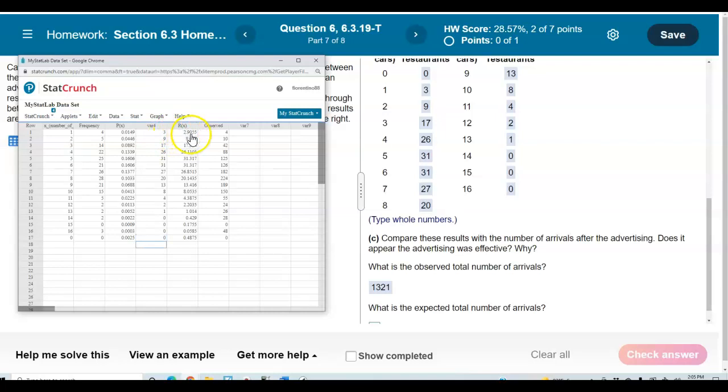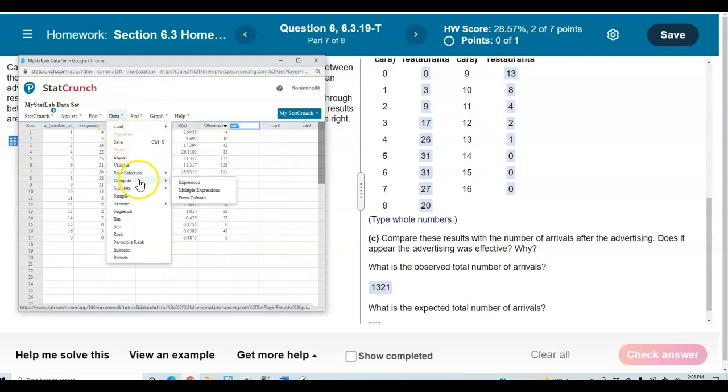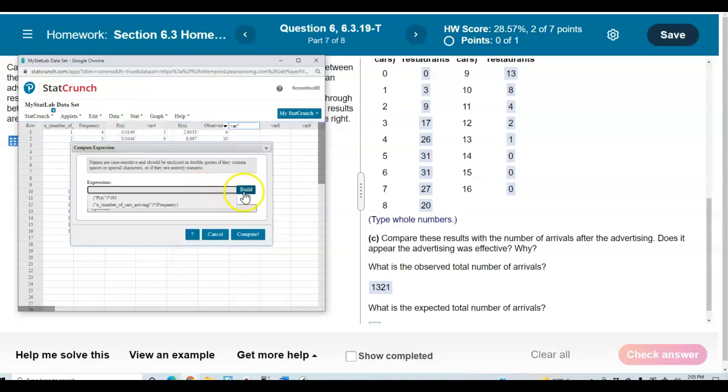Now what I did is I wanted to make sure that these numbers that we rounded, we got these values. Because we want to multiply these numbers by X and then compare it, because this is the observed. And now we're going to build a new expression. So we're going to go to Data, Compute, and select Expression.